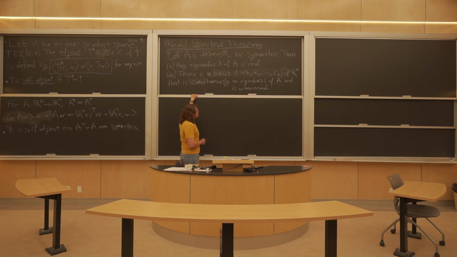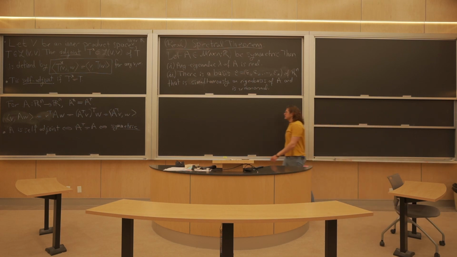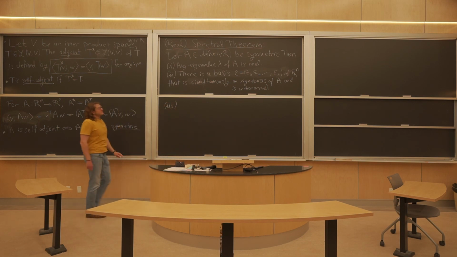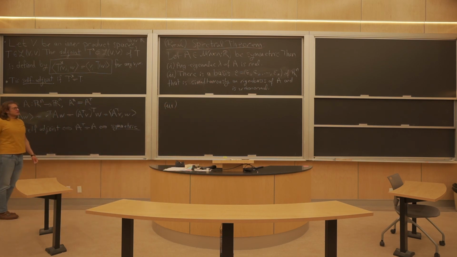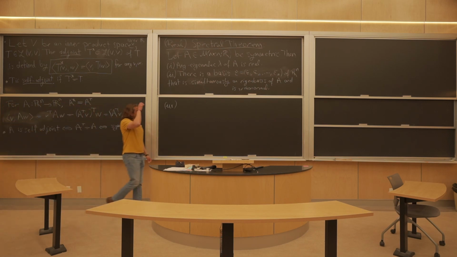So first of all, I'm saying that A is diagonalizable. And second of all, the eigenspaces are orthogonal to each other. So maybe I should write it like this more explicitly. What people say is that A is orthogonally similar to a diagonal matrix, or A can be orthogonally diagonalized.